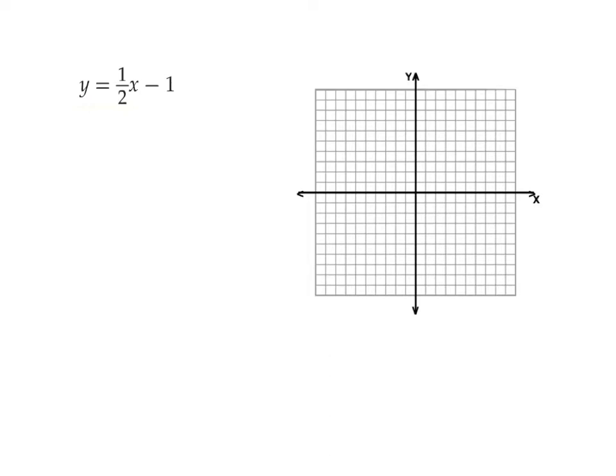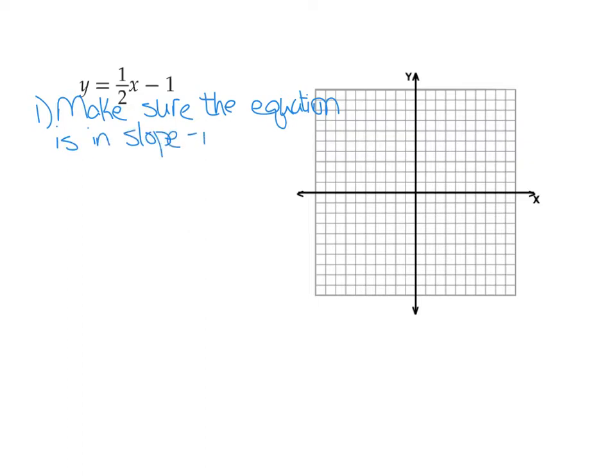Okay? First step is to make sure the equation is in slope-intercept form.